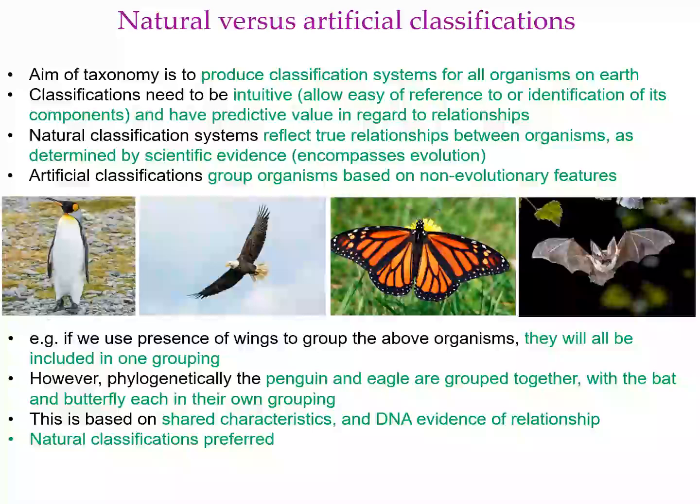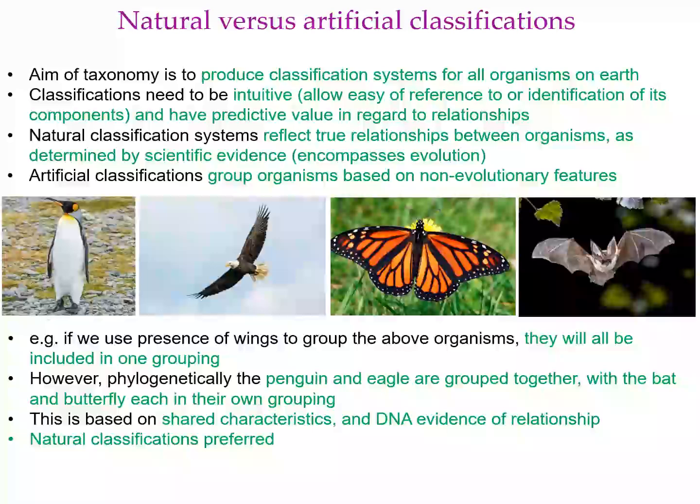So the aim of taxonomy is always to produce classification systems for all organisms on Earth. And these classifications we would like to be intuitive, which means it allows ease of reference to or identification of its components.